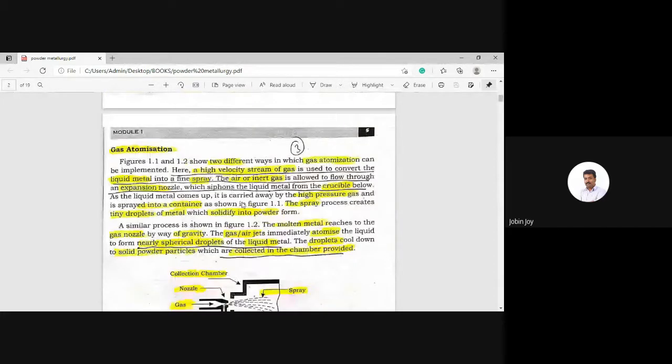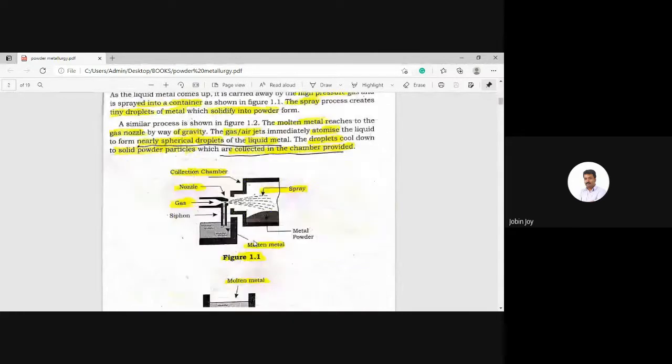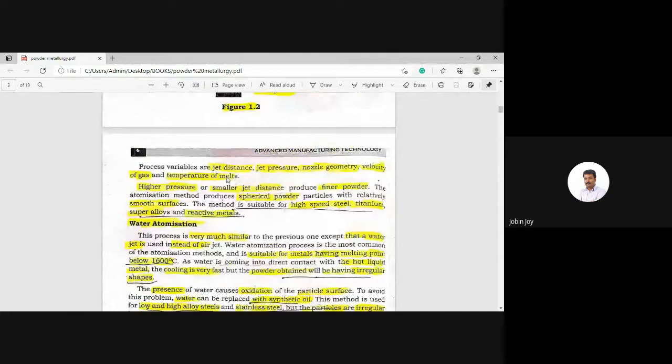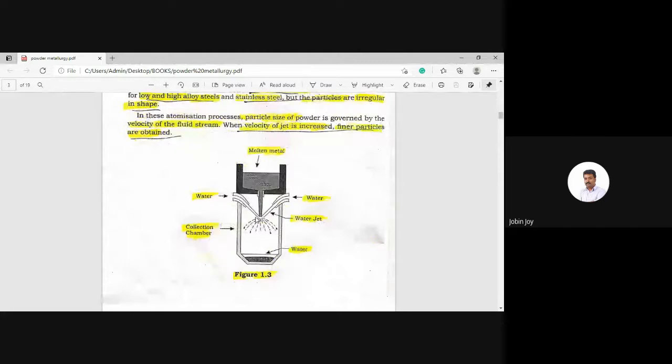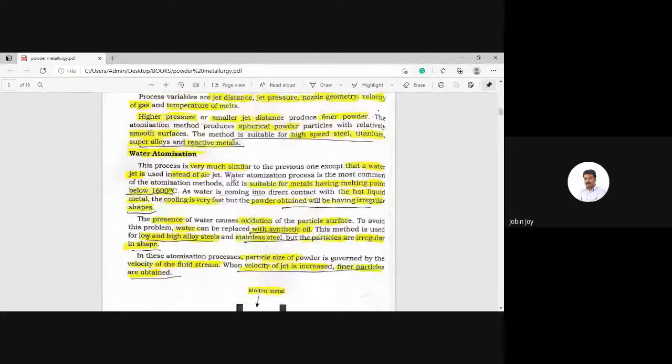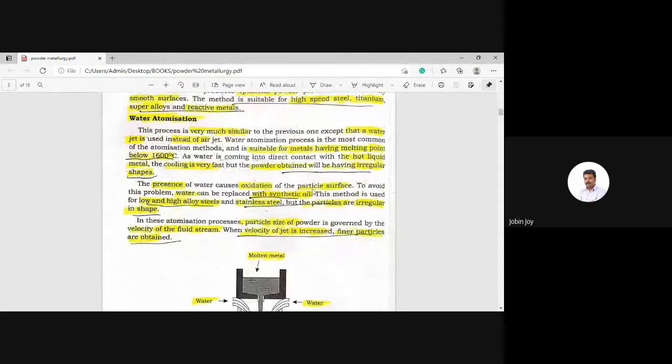Explain its working, the shape of the powder particles, and the process parameters. Then the second method is the water atomization. You have to draw this figure, then explain the steps involved in the water atomization process, the shape of the powder particles, and the process parameters.